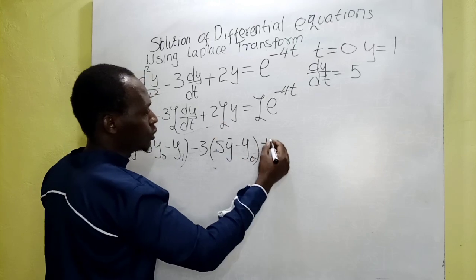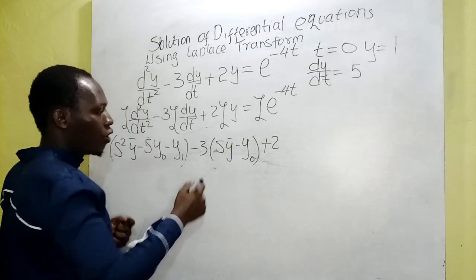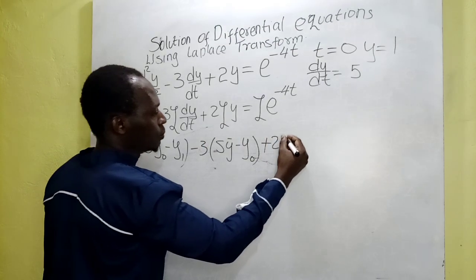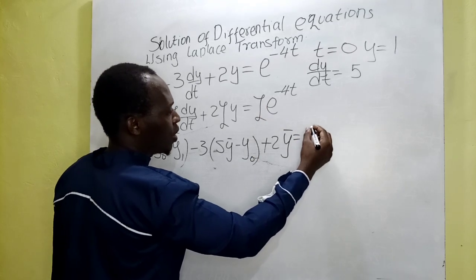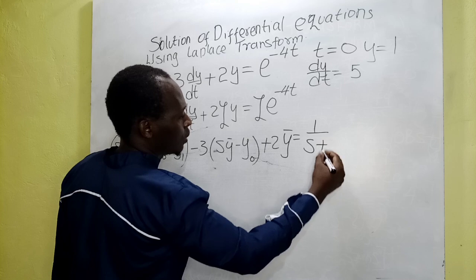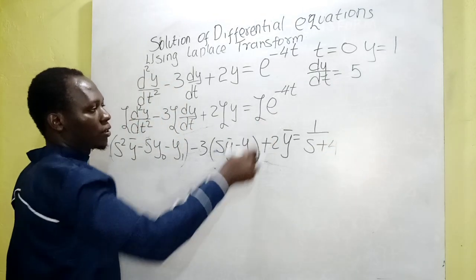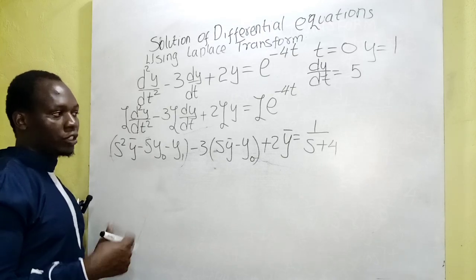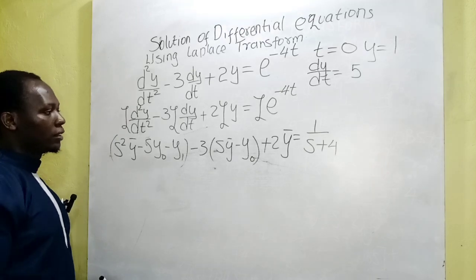We add 2 times the Laplace transform of y, which is y bar, and the Laplace transform of our exponential is equal to 1 all over s plus 4. I have discussed how you can get the Laplace transform of the exponential using the first principle. That is the reason we are having that.